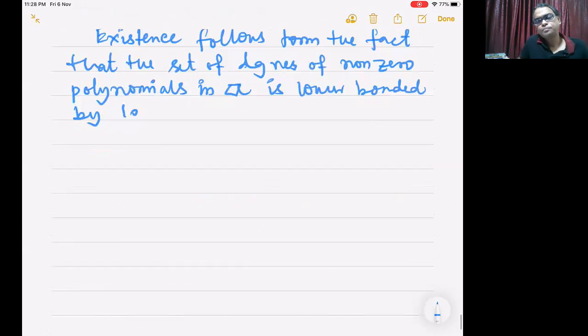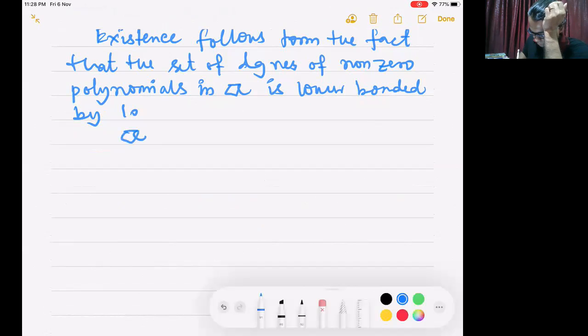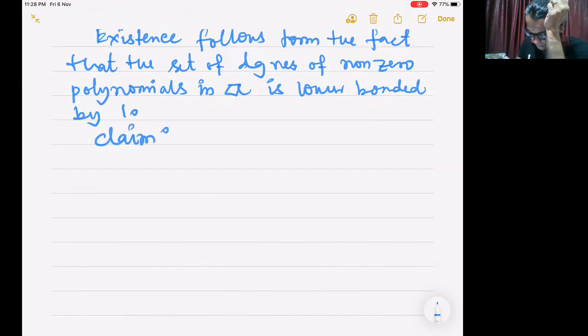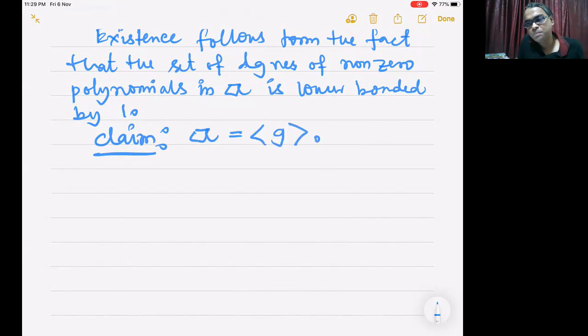Now we claim that A, so this is the claim. So we want to prove that A is principal, right? We claim that A in fact is generated by G. That means every element in A must be a multiple of G. Why? Proof by contradiction.